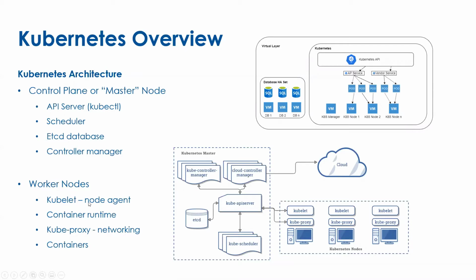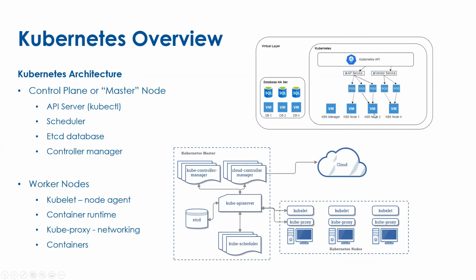Kubelet is the agent on that node that connects this back to a Kubernetes cluster. The container runtime, in this case we'll be using Docker containers, the Docker engine, kubeproxy, which is the networking, and then obviously the containers themselves that run on the nodes.